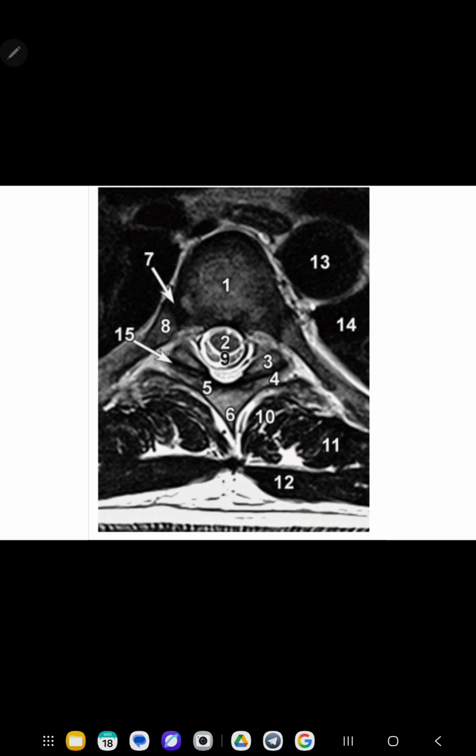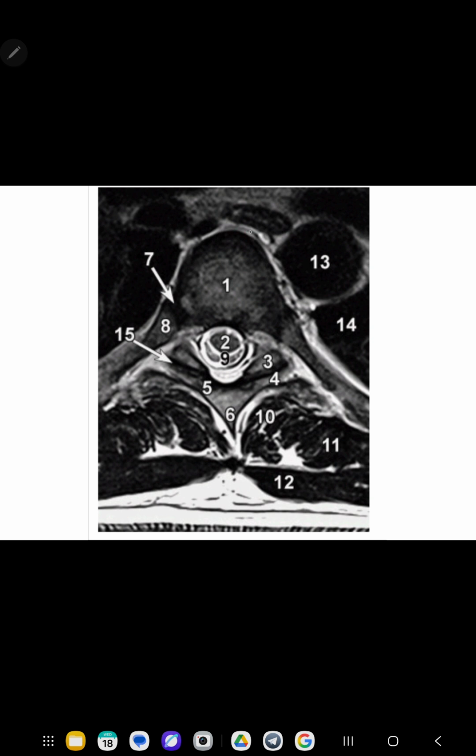So this is the pedicle and the transverse process. This is the lamina and the spinous process. Now here is the facet joint or zygapophyseal joint, that is between the superior and inferior articular surface. You can see the facet joint on either side.